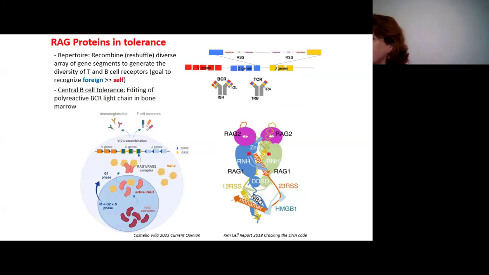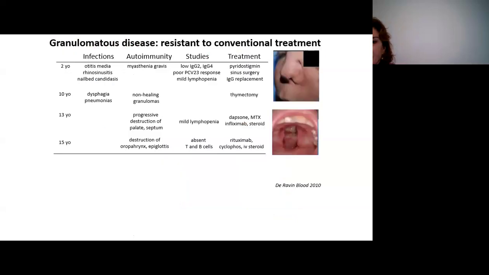So RAG not only diversifies the TCR and BCR, but also has a second process called receptor editing, where it rearranges one more time, or several more times, if the receptor is autoreactive. So it's a very important gene in creating diversity of T cells and B cells, but also plays an important role in tolerance. Now I'm going to show you a case of a patient to illustrate the importance of finding a RAG deficient patient.